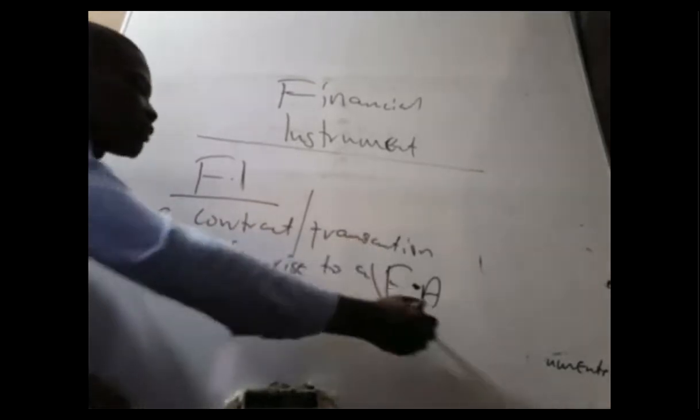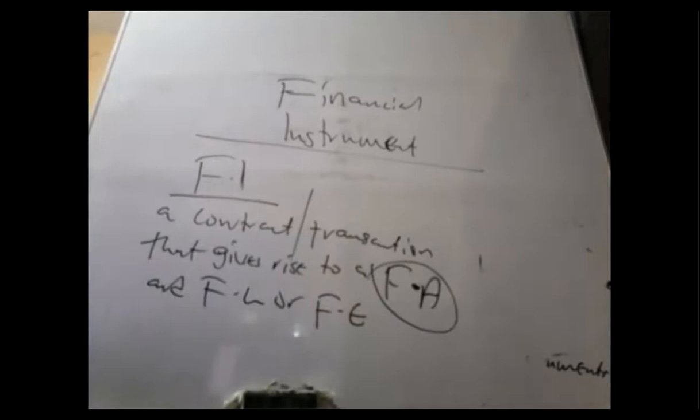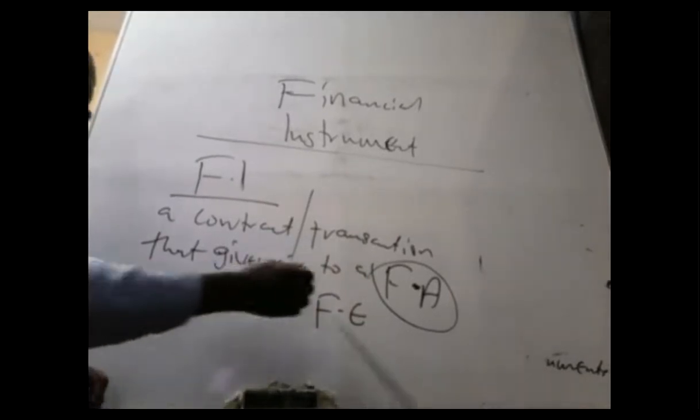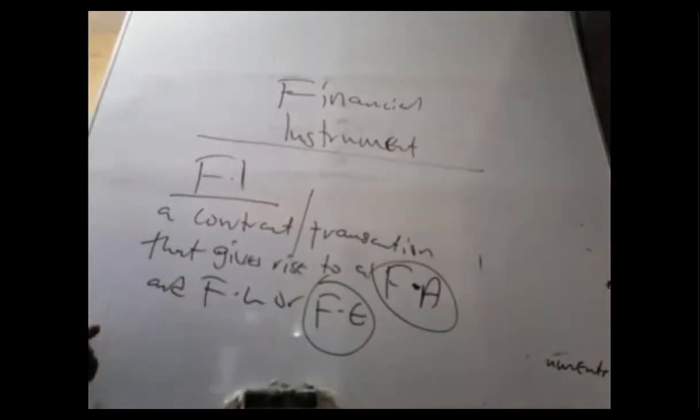So that transaction should give rise to an asset for someone. For instance, if you buy shares, the shares are an asset to you because you are making an investment. It's a financial asset to you. And the company that you bought the shares from has financial equity. That's a typical example of a financial instrument.